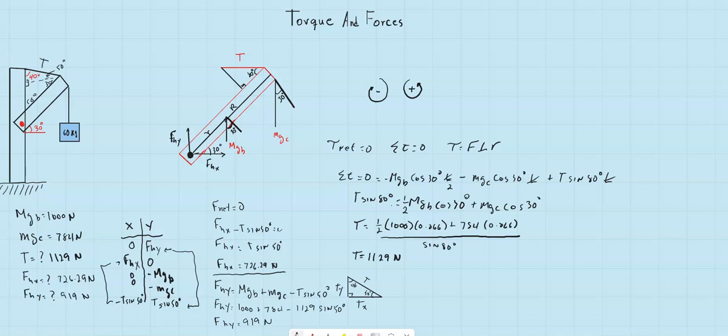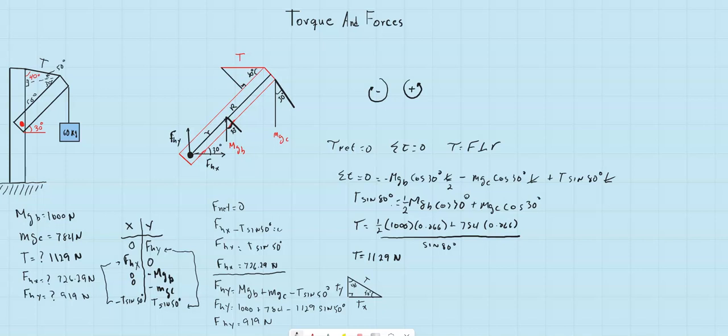So the first thing you need to do is draw a picture, then draw a big diagram of just the beam where all the forces are concentrated on the beam. Put your pivot, the forces acting on the pivot, the forces acting in the center of the beam, at the end of the beam, and the forces acting on the cable, which is the tension.